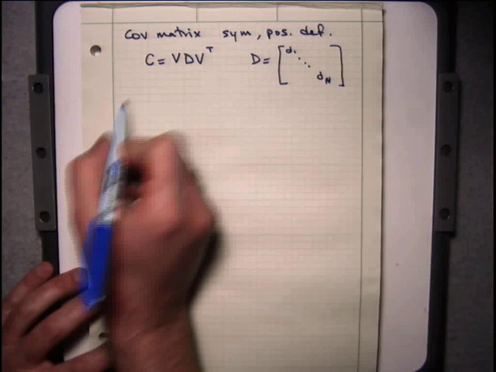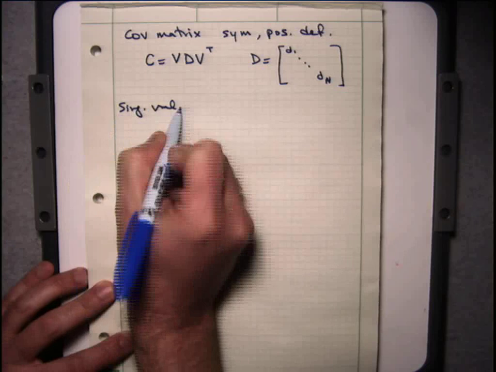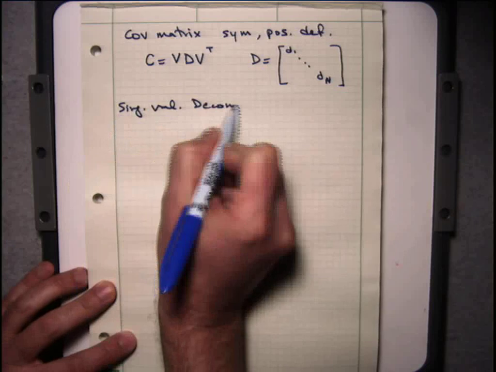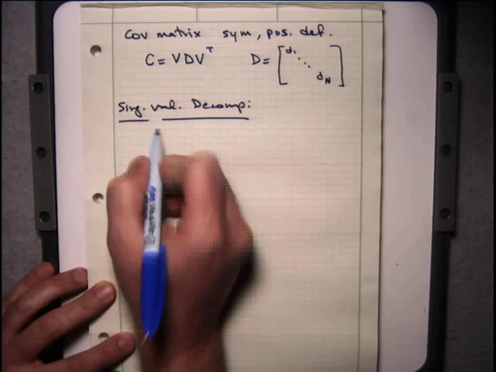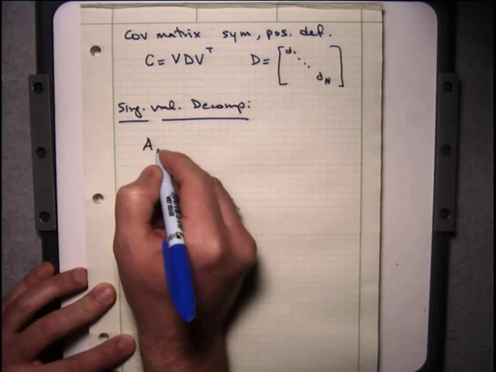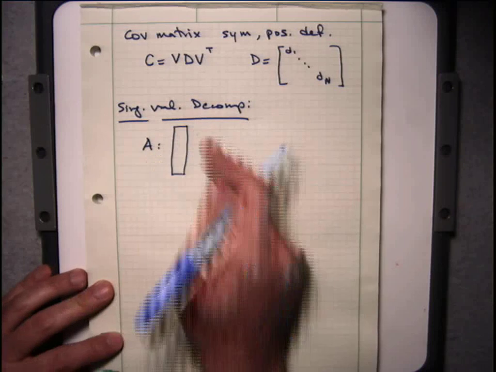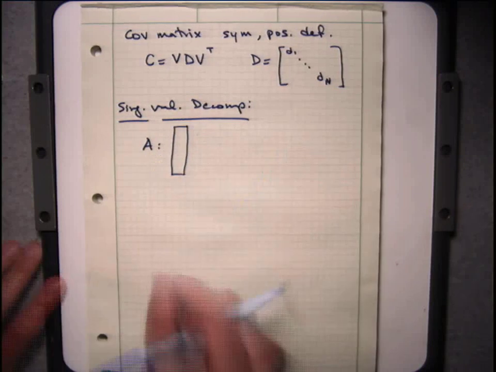Okay, the singular value decomposition is where you start with a matrix of arbitrary shape. Let's say A might be like this, or it might even be kind of short and fat.